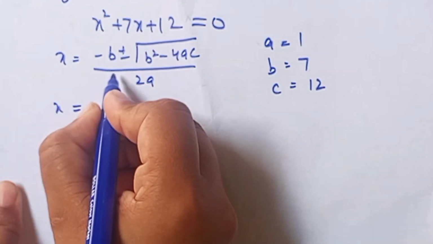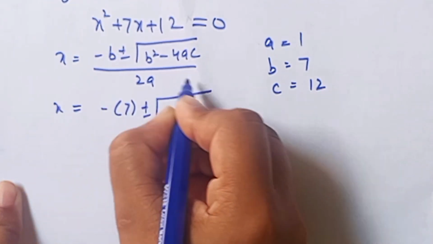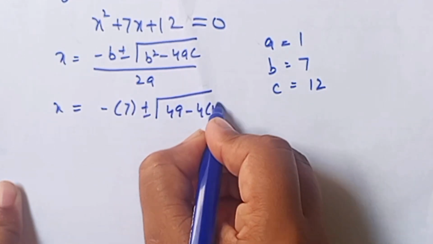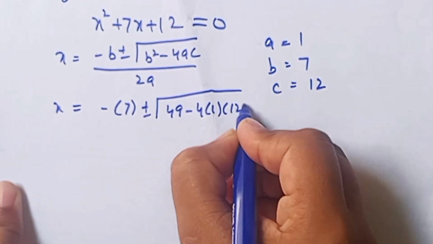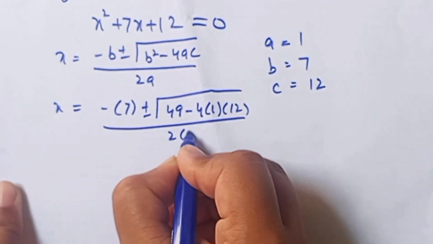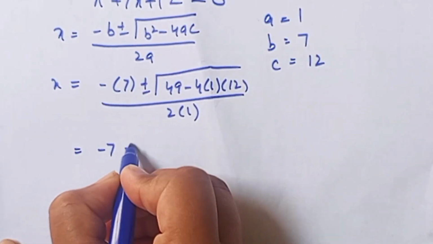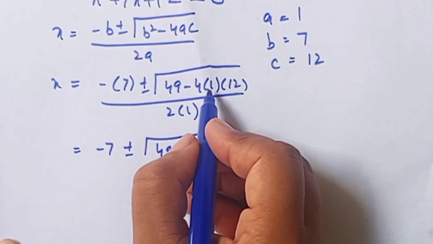So x is equal to minus b, b is 7, plus minus square root of b square, which will become 49, minus 4, a is 1 and c is 12, over 2a, a is 1. So this is minus 7 plus minus square root of 49 minus 4 ones are 4.